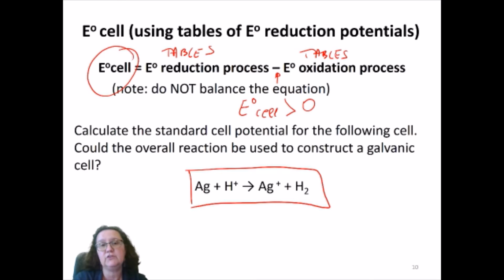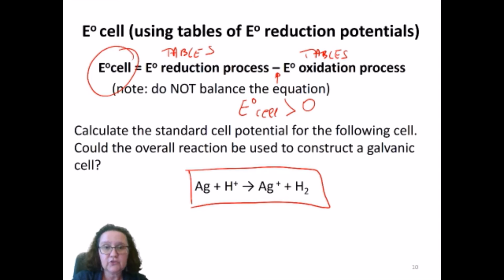When you're looking at electrochemistry and standard electrode potentials, you do not need to balance the equation, which feels quite counterintuitive. Very rarely a chemistry lecturer will tell you do not balance the equation. In this case, it's because the number of electrons exchanged will be the same, and the voltage of that reaction will be the same.